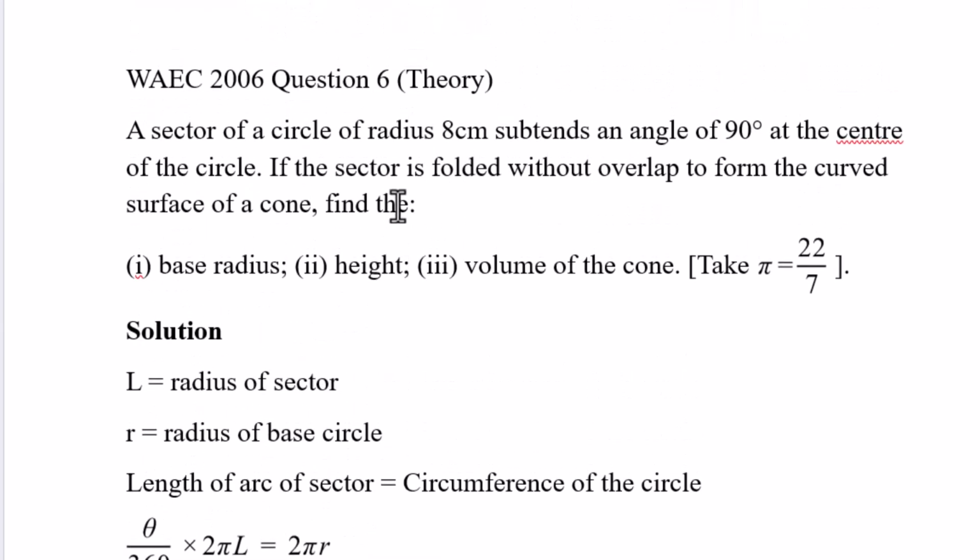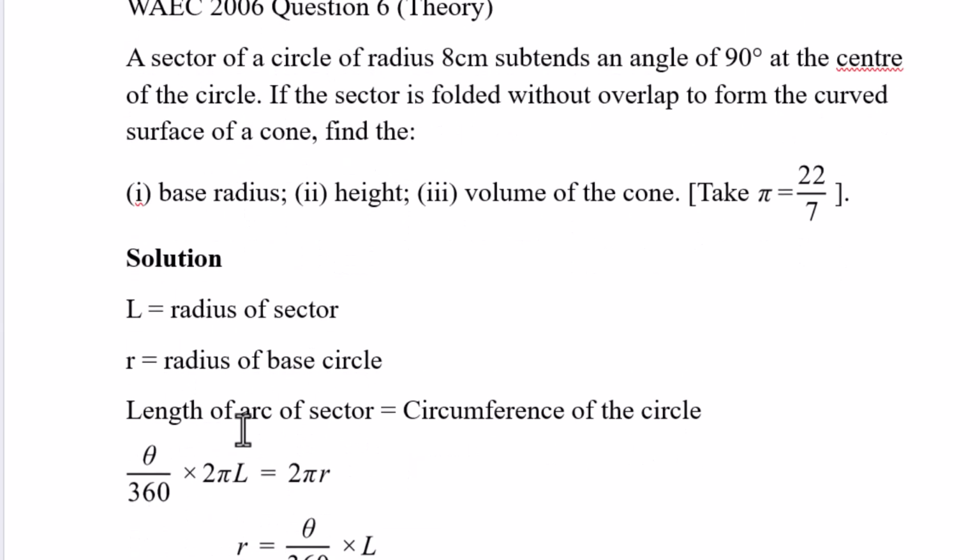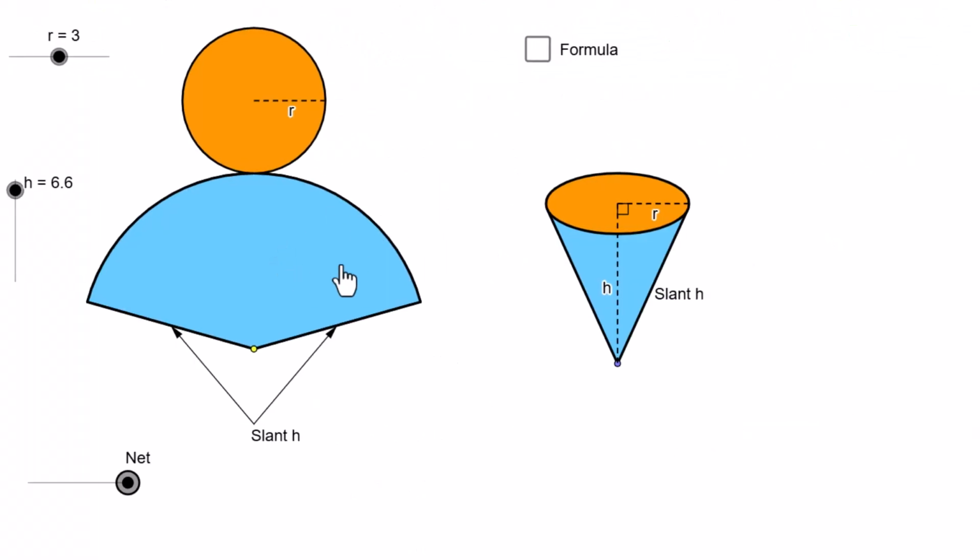Finally, this question has been solved. The main principle to remember, from this applet, is that this slant height, which is the radius of the sector, is going to be equal to the slant height of the cone, and this arc length of the sector is going to be equal to the circumference of the base circle of the cone.